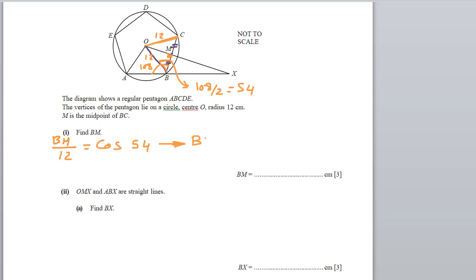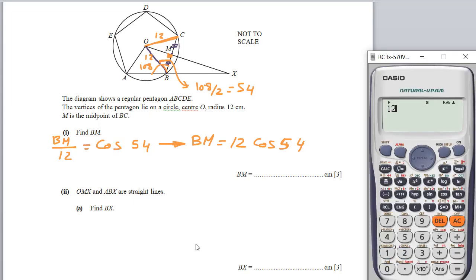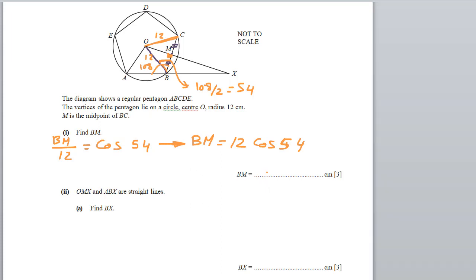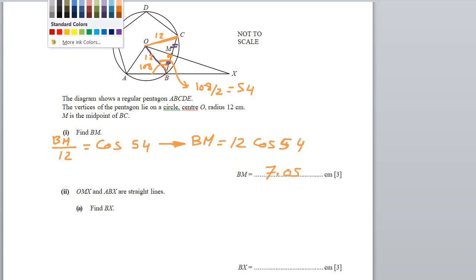So now PM is equal to 12 cosine 54. So let us bring our calculator. 12 multiplied by cosine 54, so 7.05. So PM is equal to 7.05.